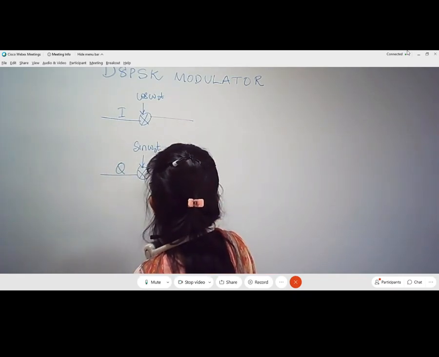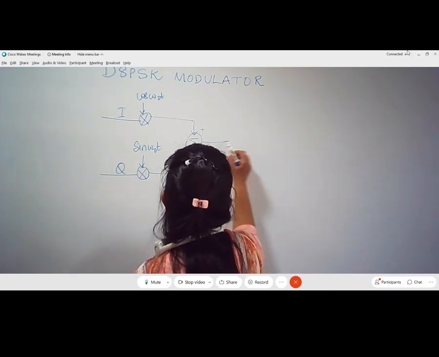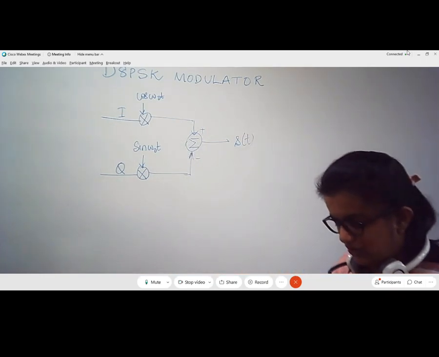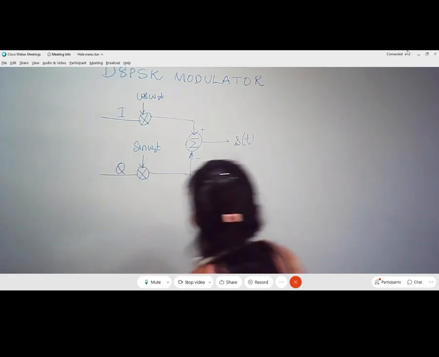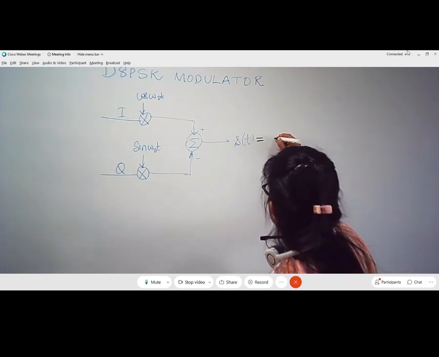Once you multiply, you sum them up, and then you transmit this information as the symbol. This is because we are going to have a complex representation of the symbol that is generated. How do we represent this in complex form?